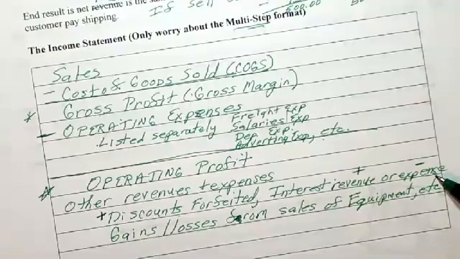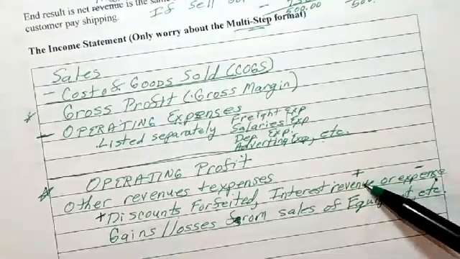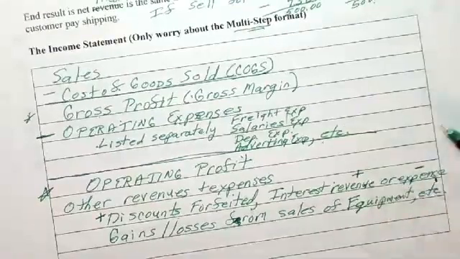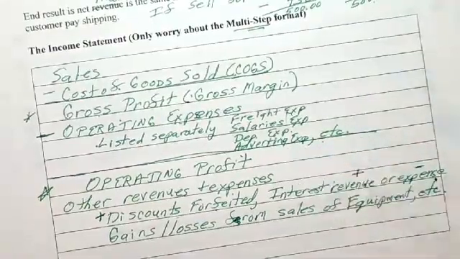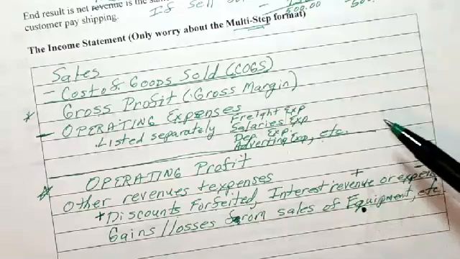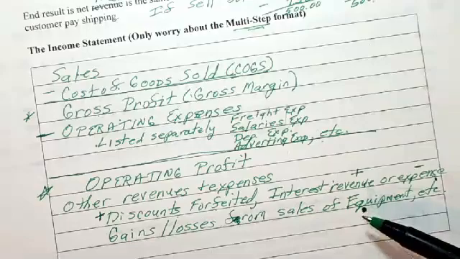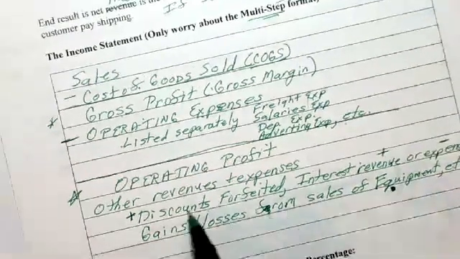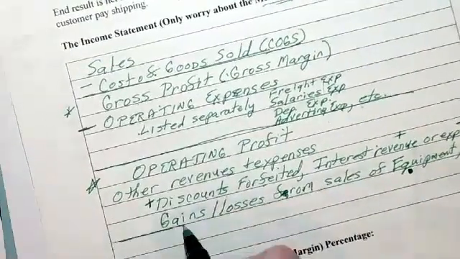Again, unless I'm a bank, that's not the way I should be making most of my revenue. I should have more up here in this operating profit. The same thing is I can sell off my property, sell off my buildings and make some money, which might be a good thing to do. If I'm making all my money just by selling off my plant, I'm not going to have a good future. That's why we separate those out.